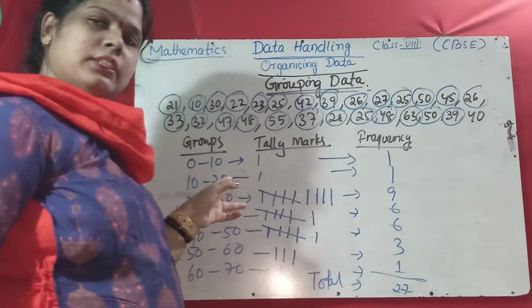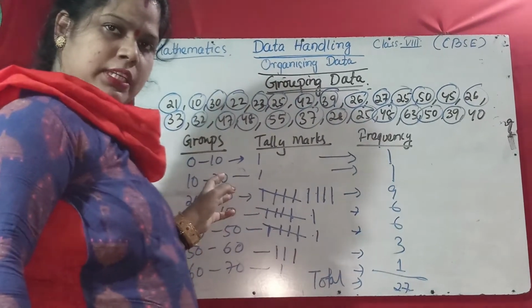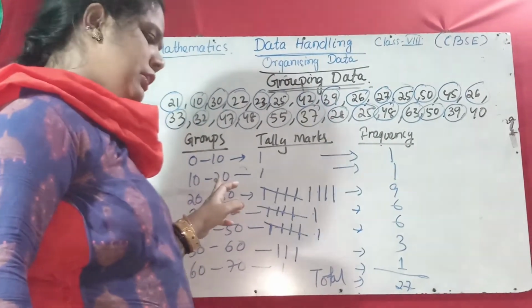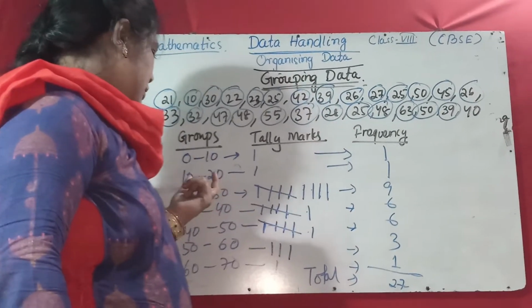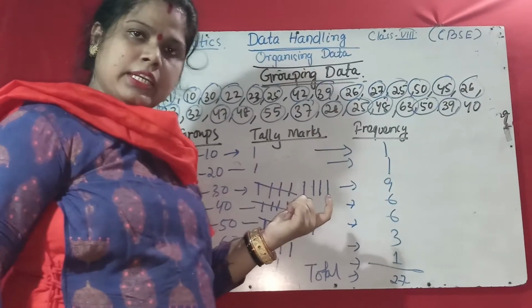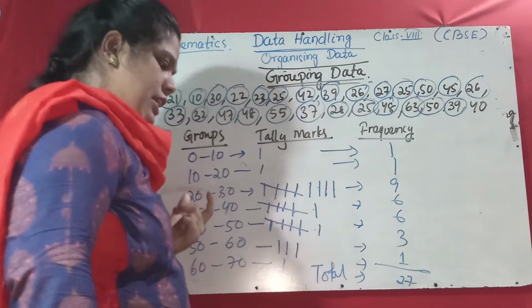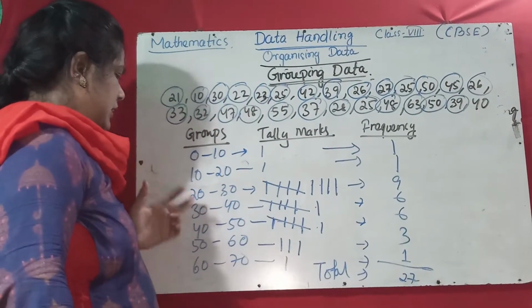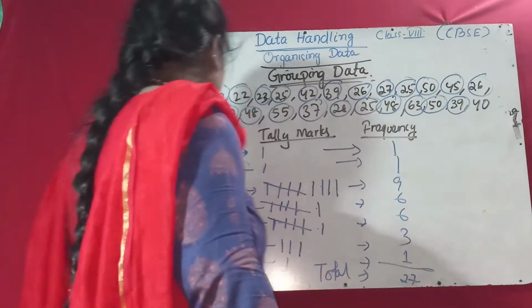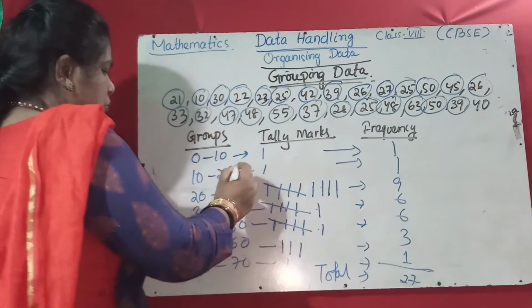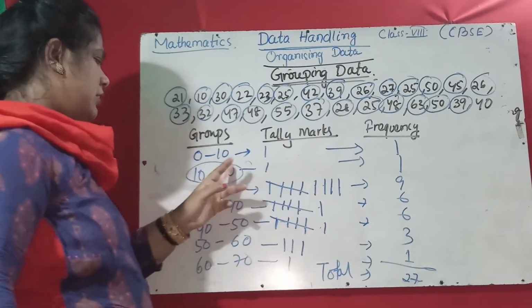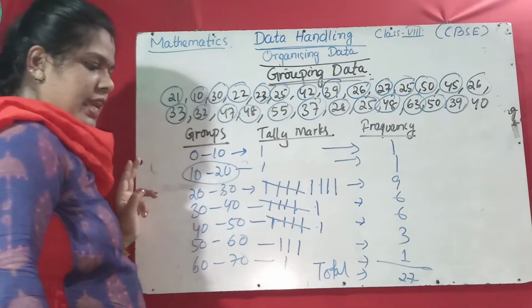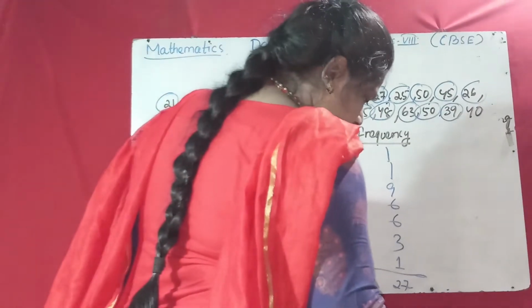It means 10. Class interval 10, 10 to 20, or the size of the group is 10, or the width of the group is also 10. Which is the highest frequency? 9. Upper limit, suppose in this group, upper limit 20, lower limit 10. Like this a question may come to you.